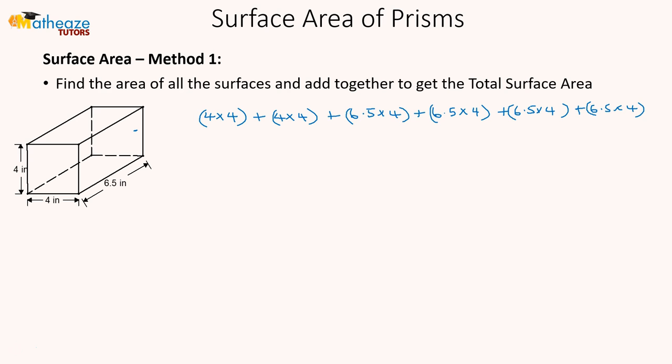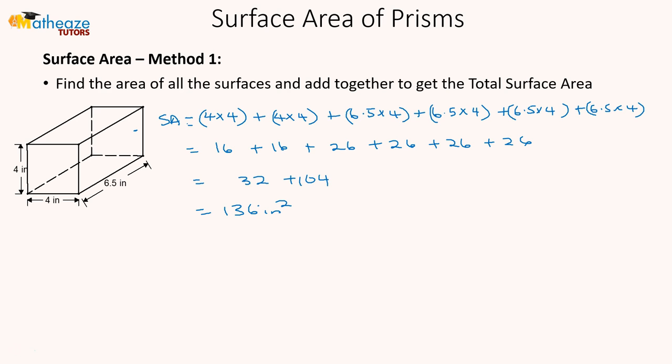So let's call this surface area equal to 4 times 4 is 16 plus 16 plus 6.5 times 4 is 26 plus 26 plus 26 plus 26. So when you add this together, you have 32 plus 104, which is 136 square inches.